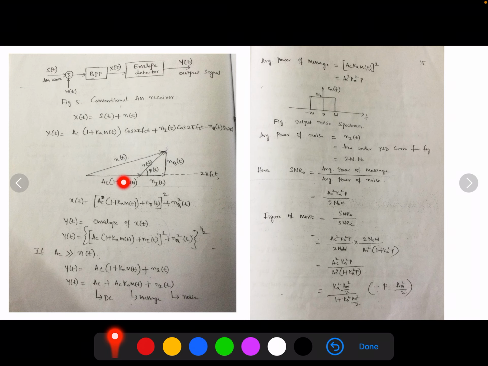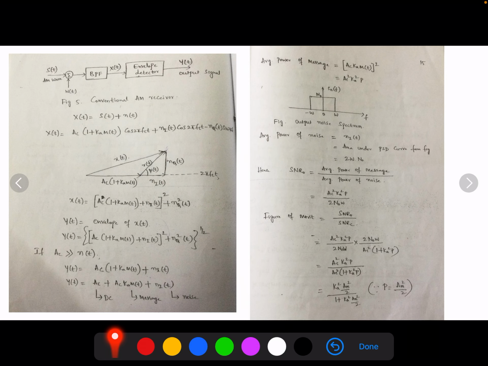This is a right angle triangle, so x(t) whole square is equal to this square plus this square, nothing but x(t) is the square root of the whole thing. So the signal y(t) defines the output of an ideal envelope detector.